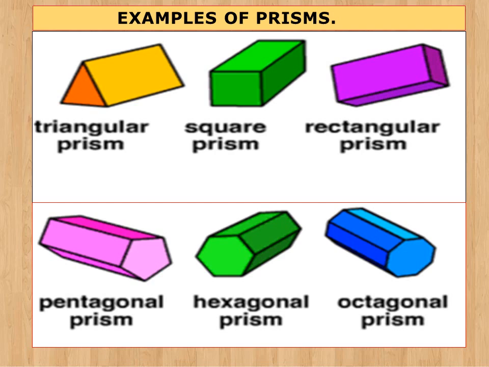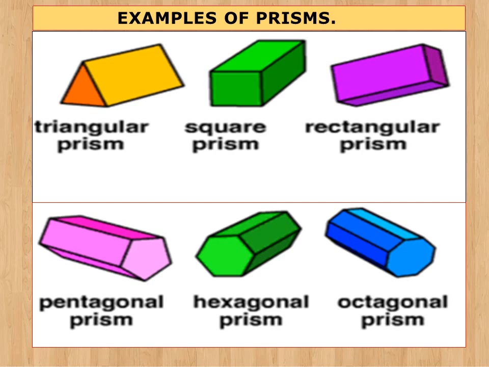Number 4, we have a pentagonal prism, meaning the cross-section as shown there is a pentagon. A pentagon is a regular figure with 5 sides. The cross-section can also have 6 sides, and this will give us a hexagonal prism as shown in the green prism.